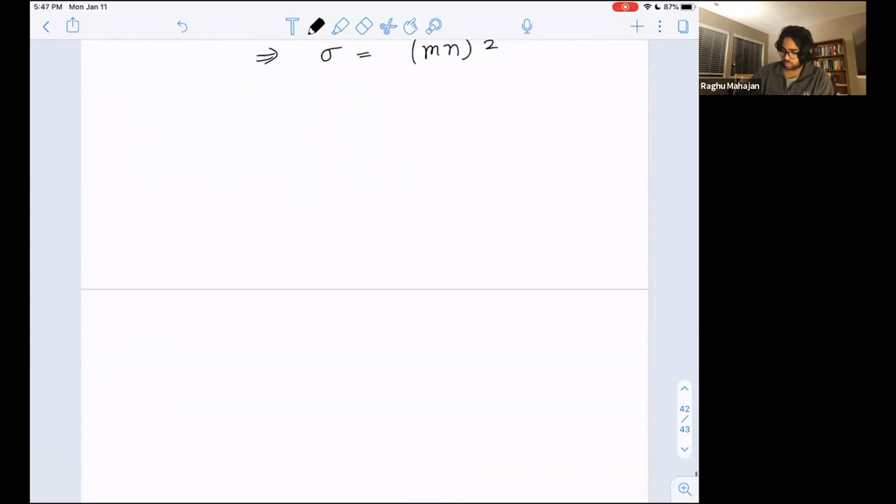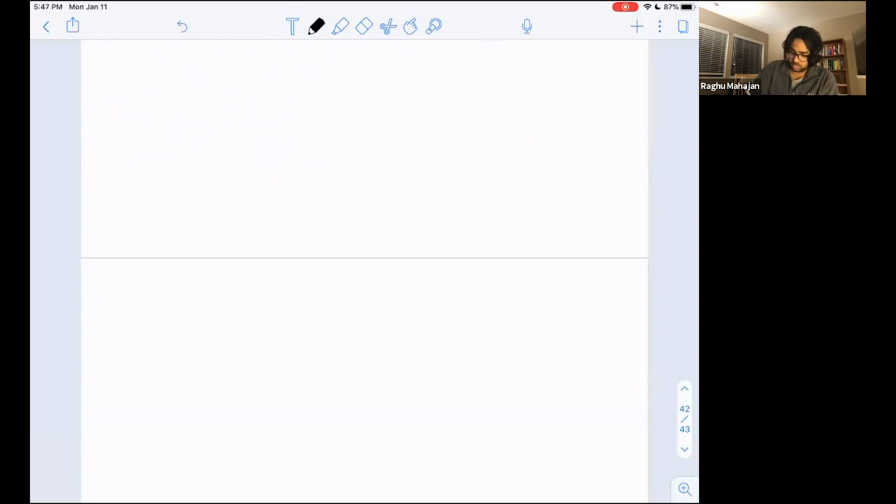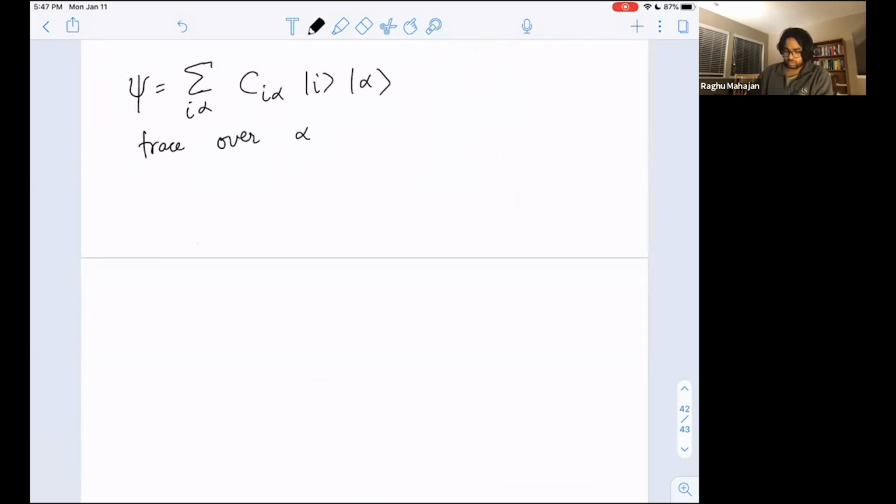Okay, so let me write the state here again. We have C_i alpha, |i alpha>, sum over i and alpha. This is the global state, psi. And we want to trace over, let's say, the radiation system to find the entropy of the black hole. So trace over alpha, or the other way around, it doesn't matter. Now, what's the density matrix?